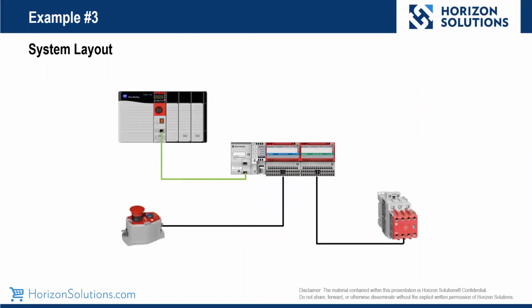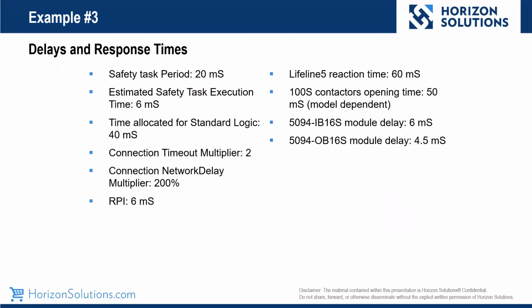Now we'll take a look at a different set of I/O with a different input device and see how this changes the system. Once again, we dig into our manuals, into our system properties, module properties, and our safety task properties, and we obtain all of our reaction times as well as all of our logic execution times.